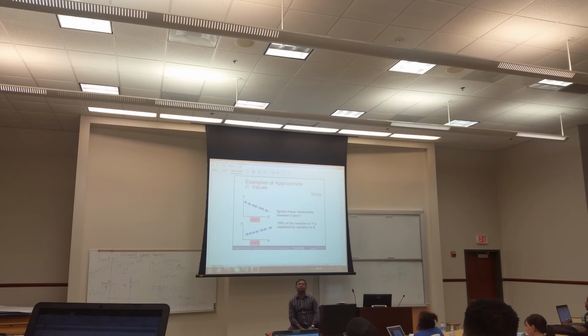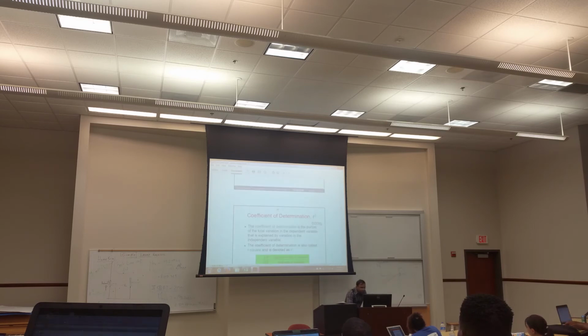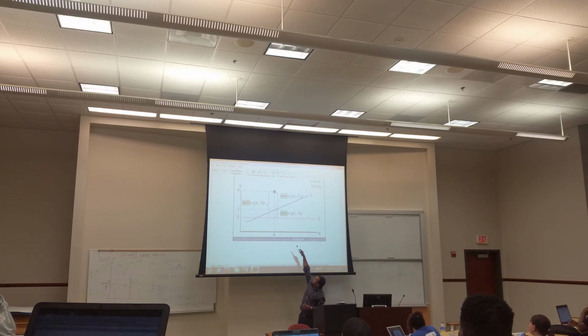R squared is how much the X, by regression, is explaining the variation of the Y, right? So the regression sum of squares is explaining the total variation of the Y. How much of the predicted value is actually explaining the real Y, right?